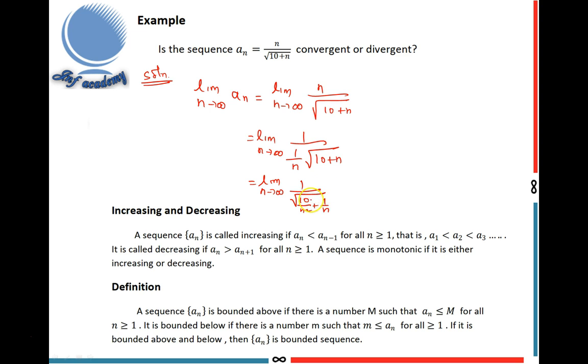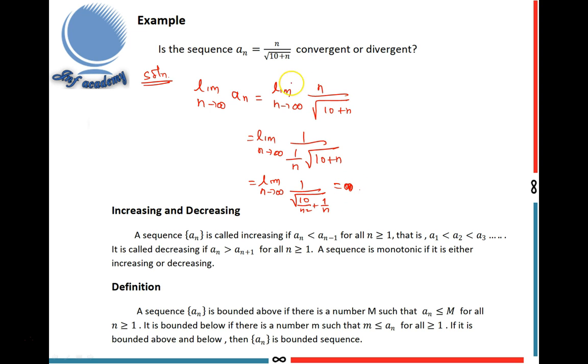That is 1 by n. So finally I got this value is infinity, because the numerator is constant and the denominator approaches 0, because limit n tends to infinity 10 by n square is 0, plus limit n tends to infinity 1 by n is also 0. 0 plus 0 is 0, square root 0 is 0. So the denominator approaches 0 but the numerator is constant, so the total value approaches infinity.